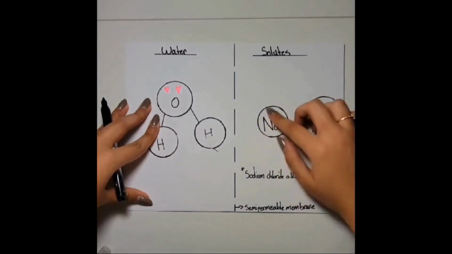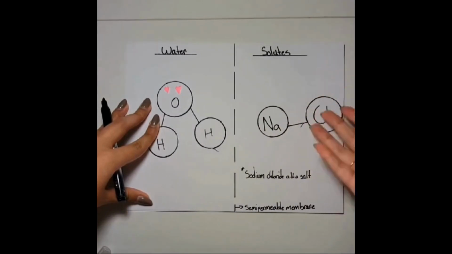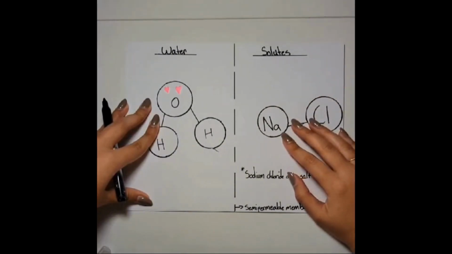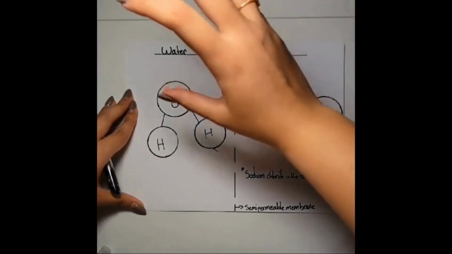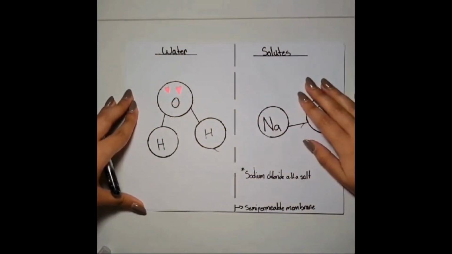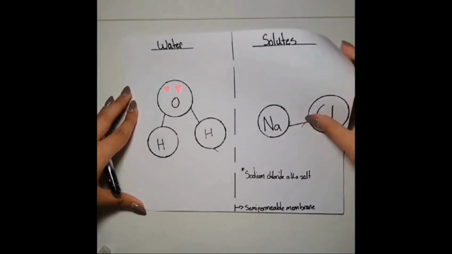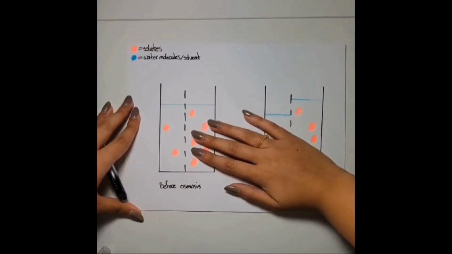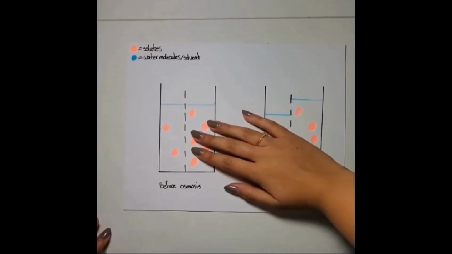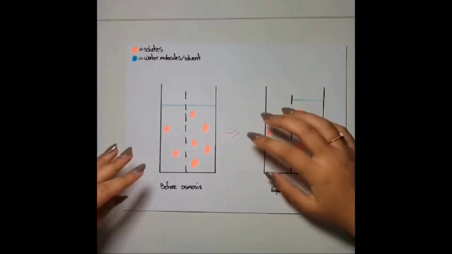The solute in this example is sodium chloride, aka salt. Now, water loves solutes. Water molecules will always go from an environment with low solute concentration to an environment with high solute concentration. Now, equilibrium is reached once the concentration is equal on both sides.